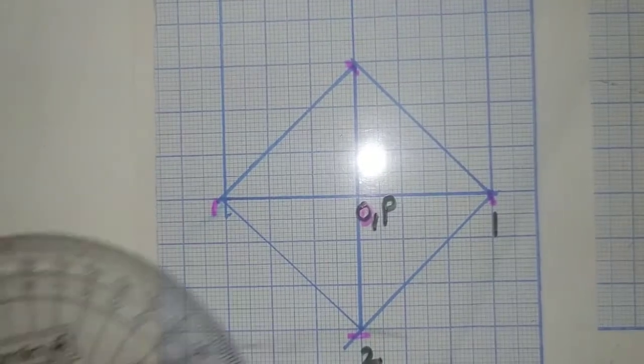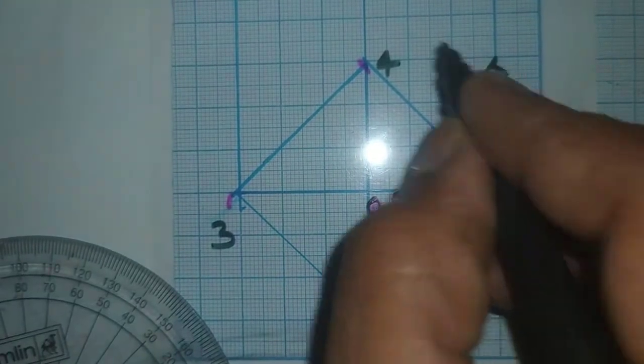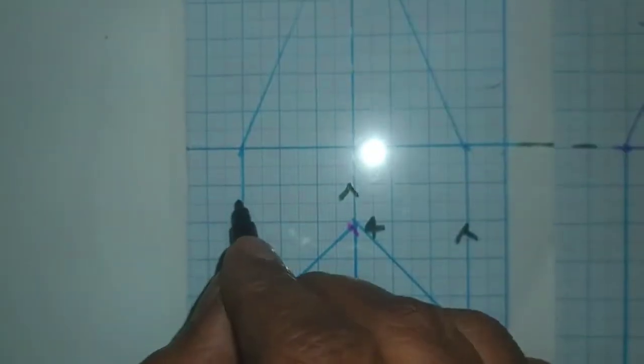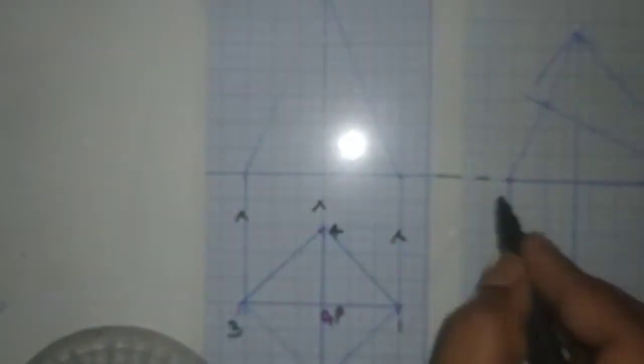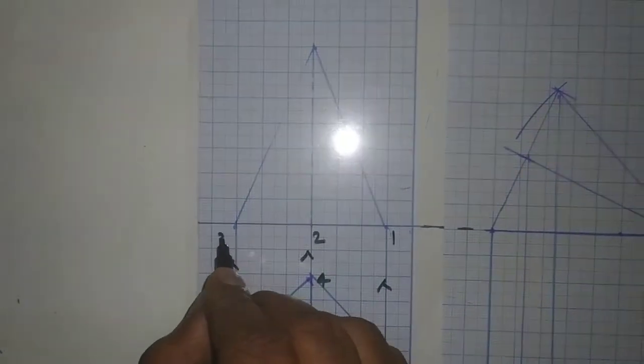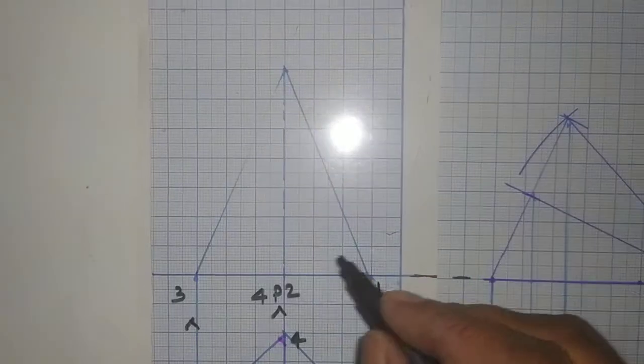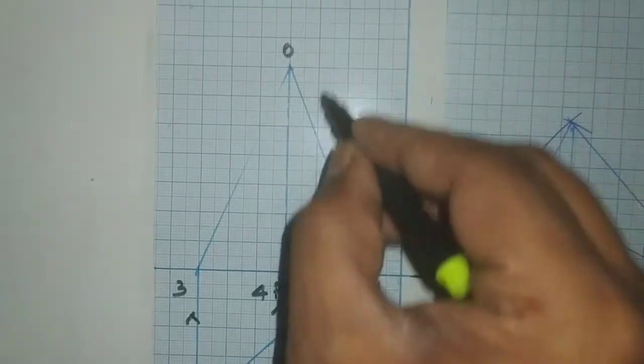One, two, three, 4. Project this line upward. This is the base, 1, 2, 3, 4. This is the point P. What is the axis length? This OP is 60 mm.